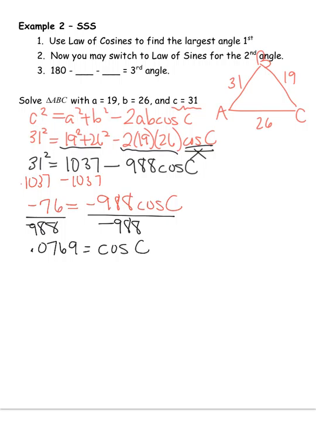Okay, so when we know what the cosine is equal to, but we want to know the angle, we're going to use inverse again, this time inverse cosine. Another opportunity to use our answer function, so second cosine, second answer. And I know now that C is 85.588 degrees.